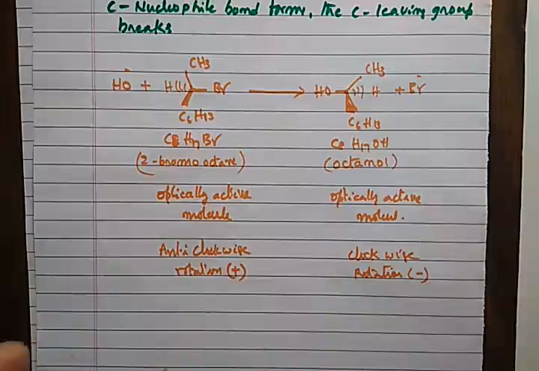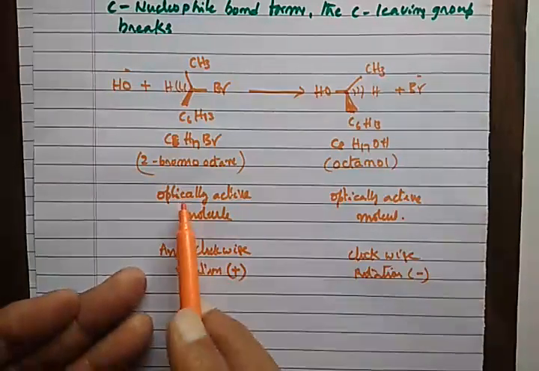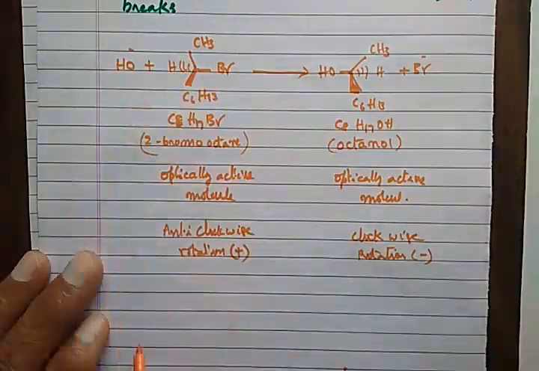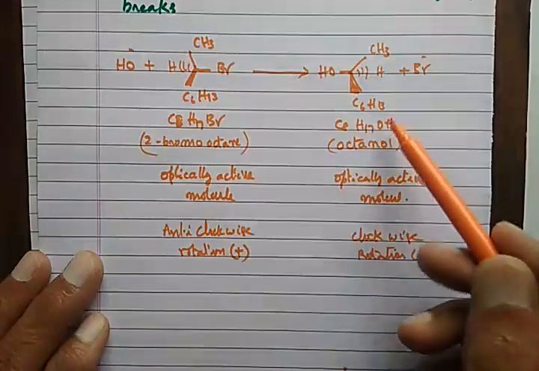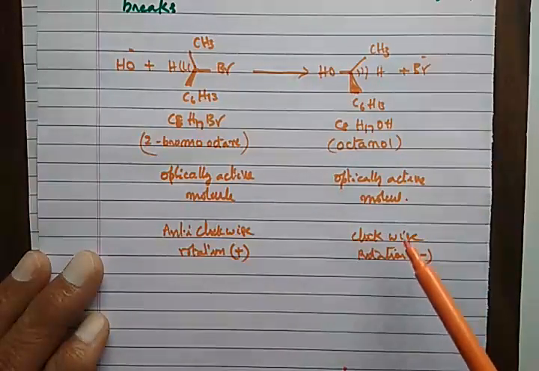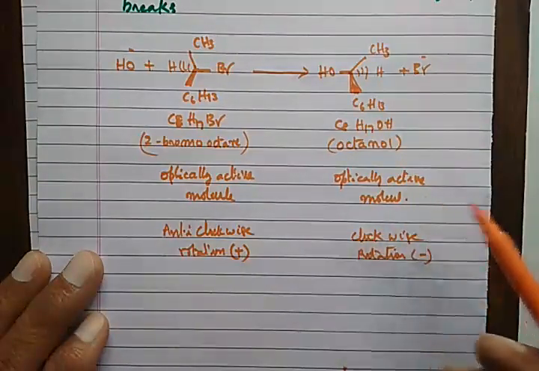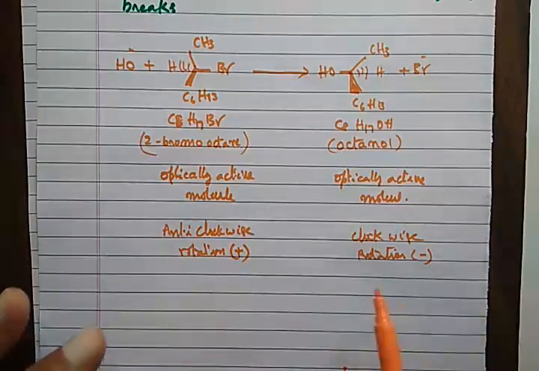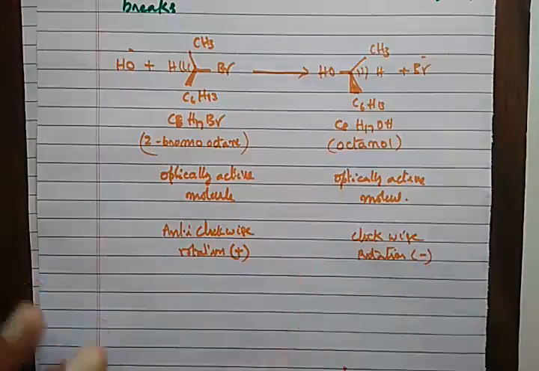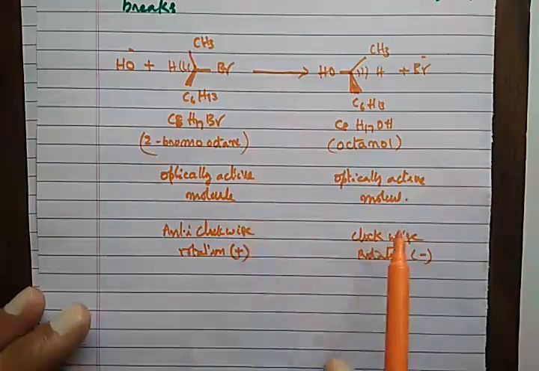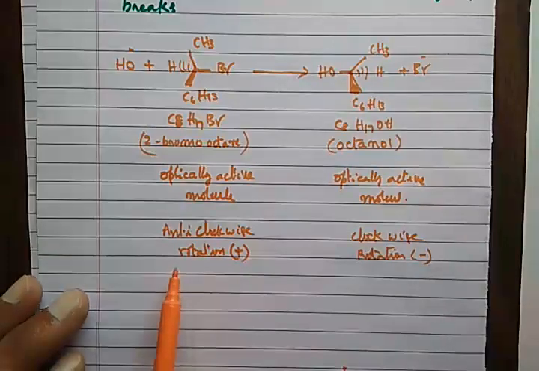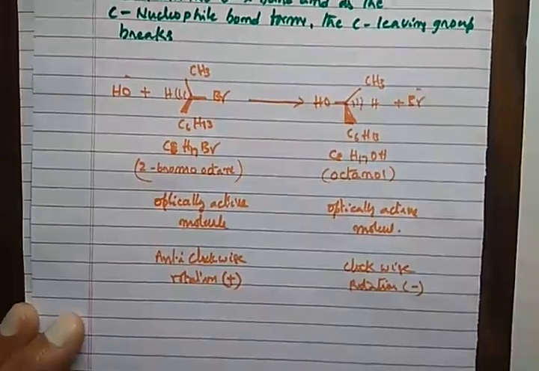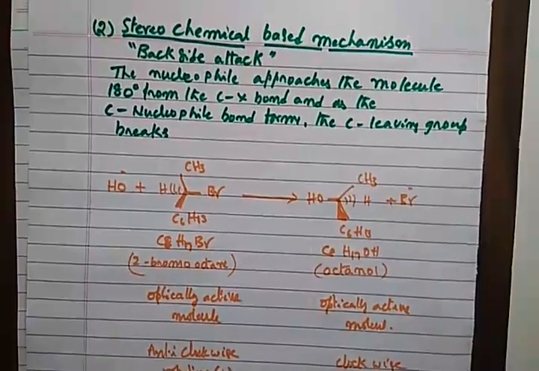Because of this SN2 reaction, we have got a new product that is again an optically active molecule, but the rotation here is clockwise. This matters. So this way also we can explain optically active molecules, the rotation is changed from anti-clockwise to clockwise. This is also another explanation of the SN2 reaction.